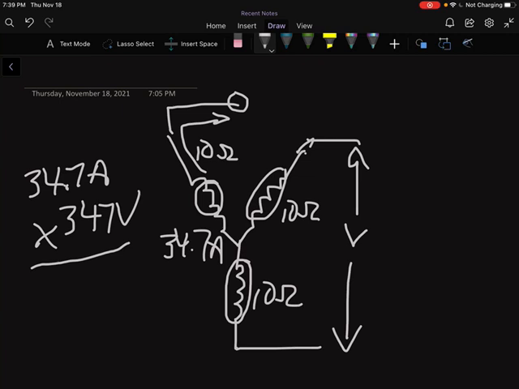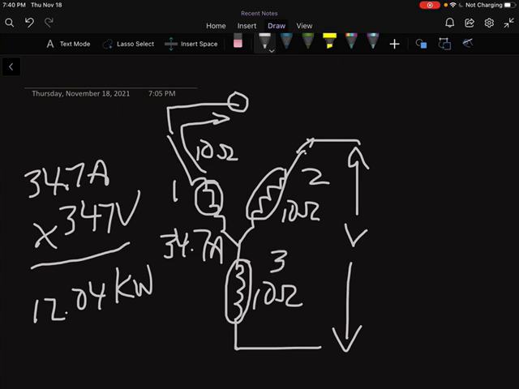So 34.7 times 347 would give us a value of roughly 12.04 kilowatts. So that part of it's fairly straightforward. And if I'm calculating values for power per phase, I have 12.04 kilowatts in phase number 1, 12.04 kilowatts in phase number 2, and 12.04 kilowatts in phase number 3.